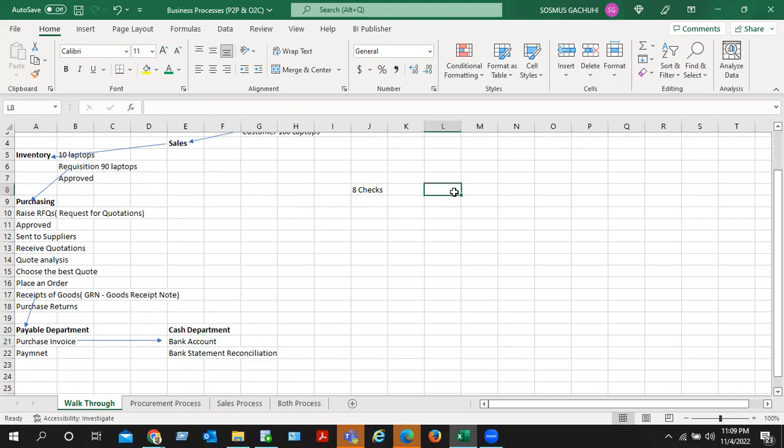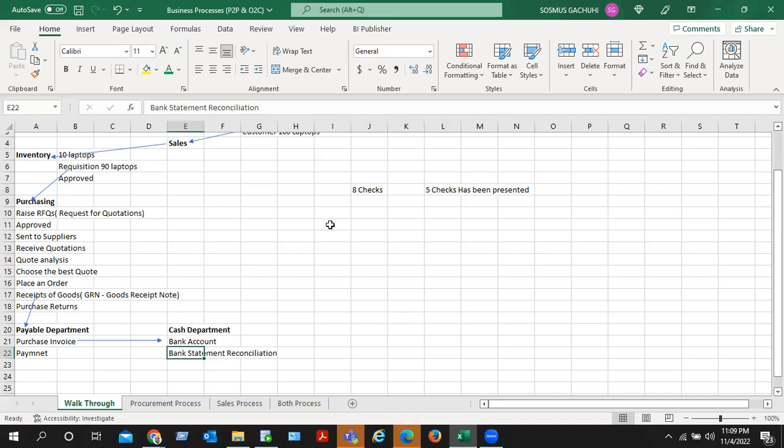But you find that at the end of a certain period, maybe at the end of the month, only 5 checks have been presented. So for you to understand where these other 3 are, you have to do something we call bank reconciliation.